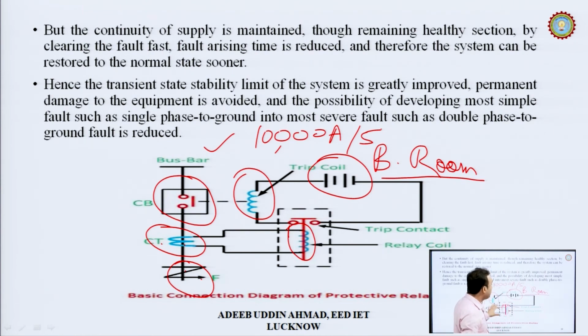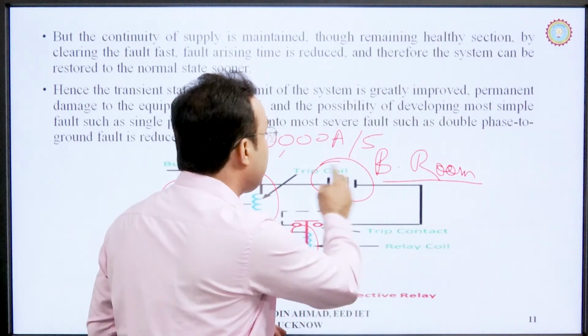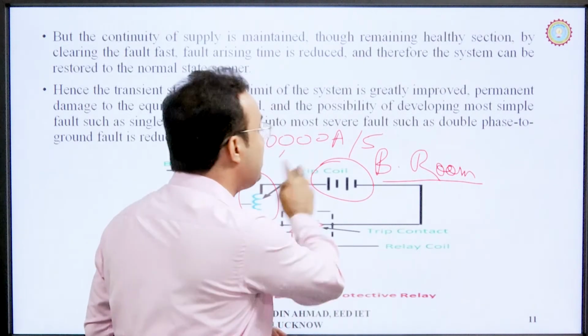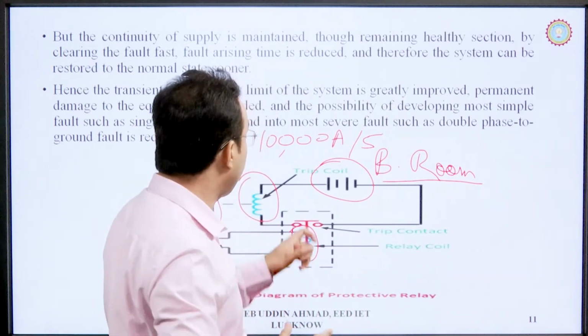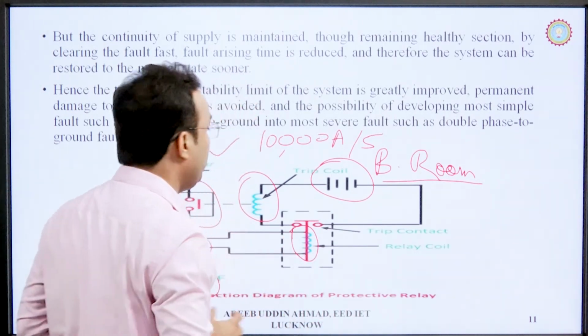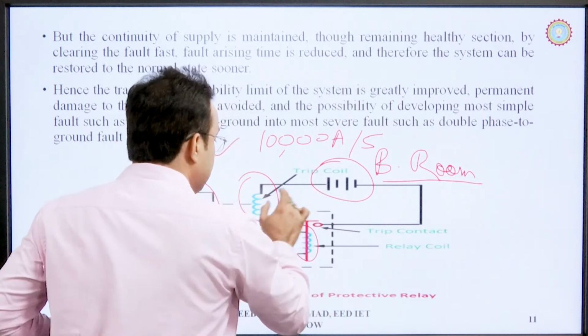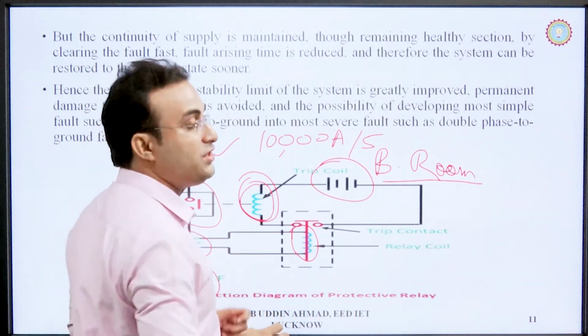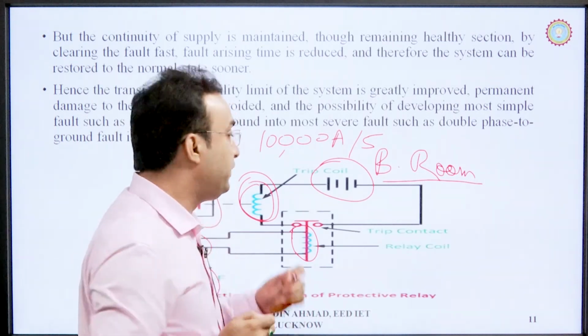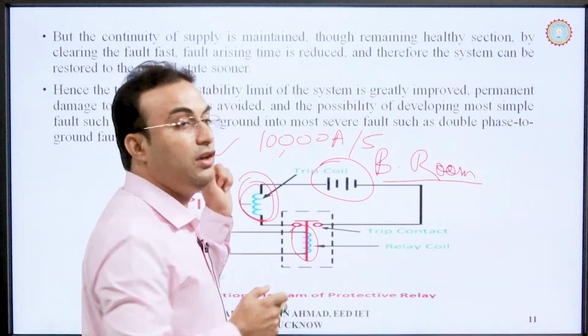After the closing of this section, what will happen? This whole circuit, this is the trip coil circuit, will become active, will energize, and after the energization, the trip coil will energize, and after the energization of the trip coil, the circuit breaker will operate.